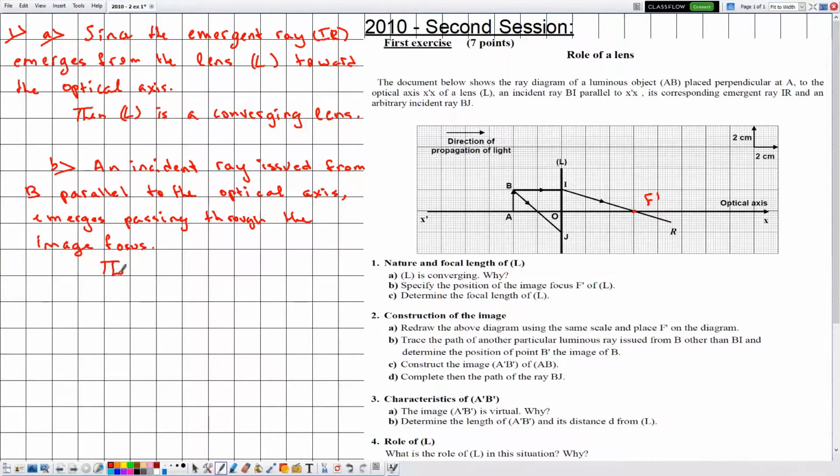For this, then the image focus f prime is the intersection of the emergent ray with the optical axis.